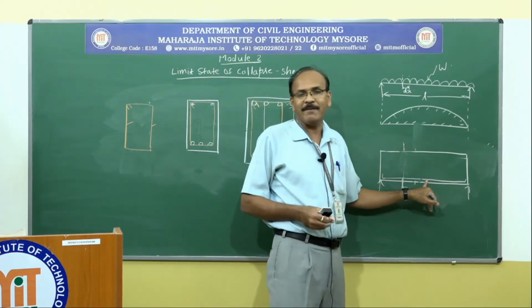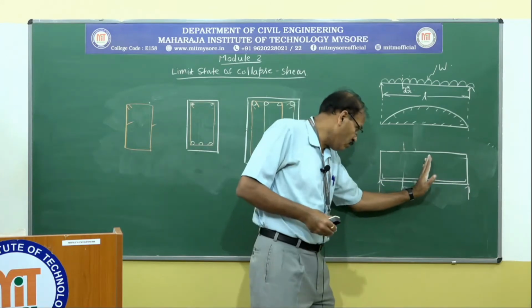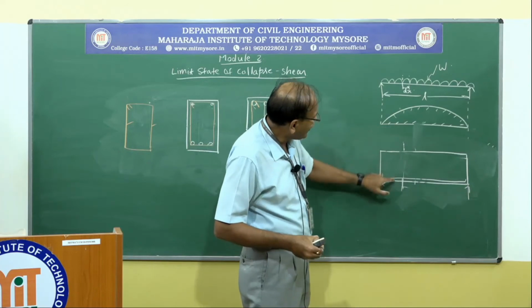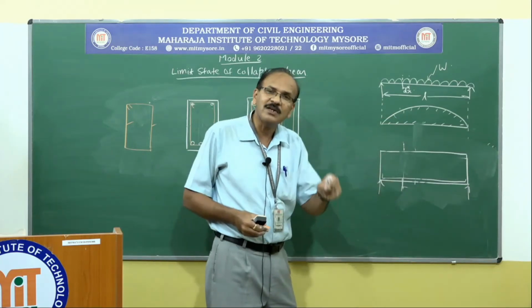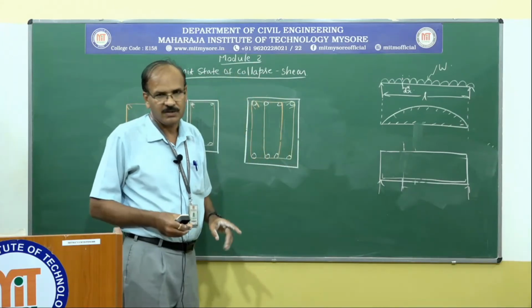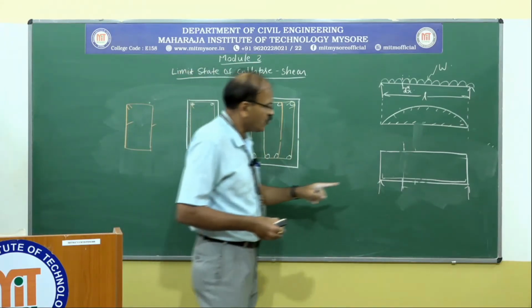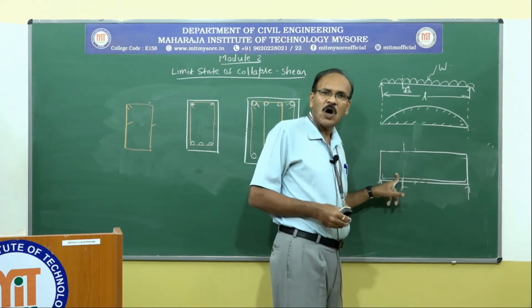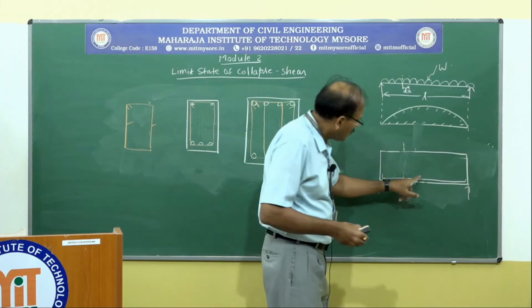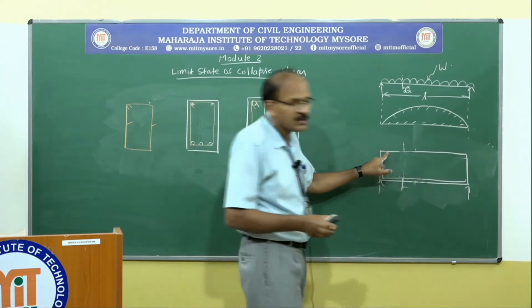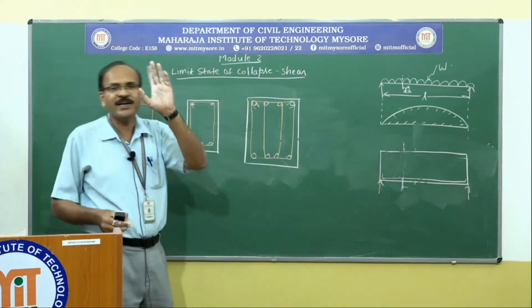As we move towards the support, the bending moment keeps decreasing. As a result, we need less reinforcement. So in such cases, we can cut some of the reinforcements, or we can bend some of them, and those bent up bars serve as shear reinforcement.